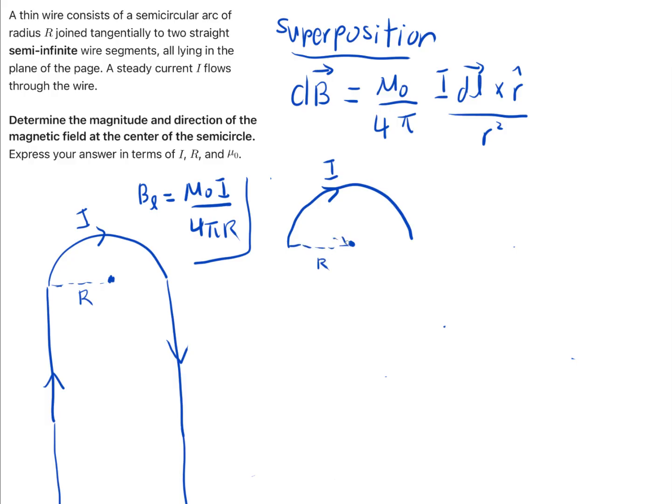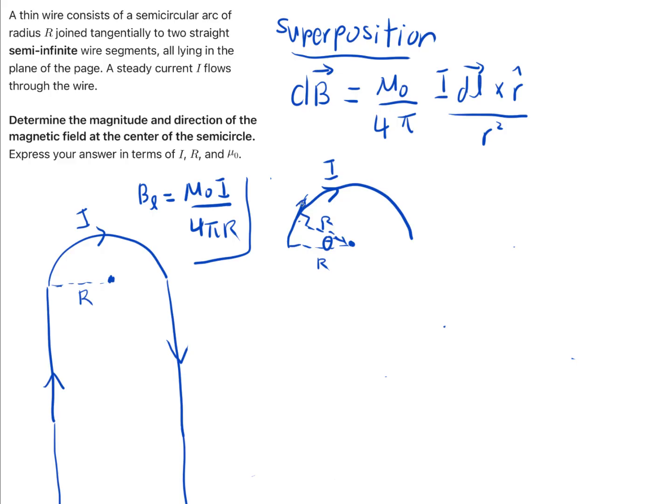So let's define this angle here as theta. Now notice that for each theta, it doesn't matter where in the circle, by the definition of a circle, the radius is always perpendicular to the tangent on the semicircle. So there's always a 90-degree angle here.